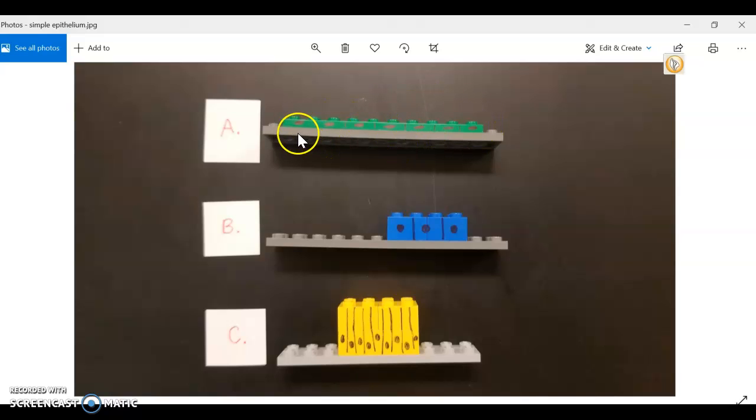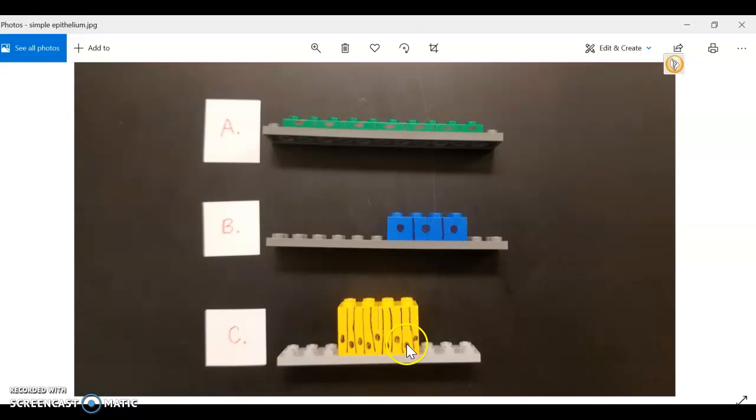So we always say simple first and then the shape second. So simple squamous. Letter B, these look more like cubes. And so letter B, same thing. It's 1 layer of cells, so we call it simple. But then the second word, because they are cube-shaped, we call letter B simple cuboidal.